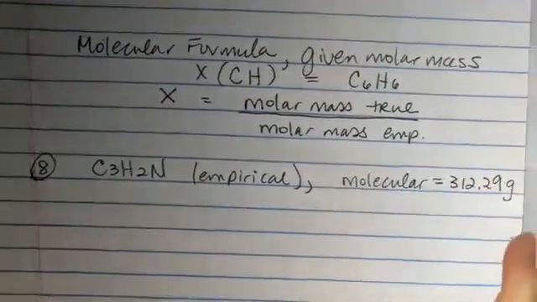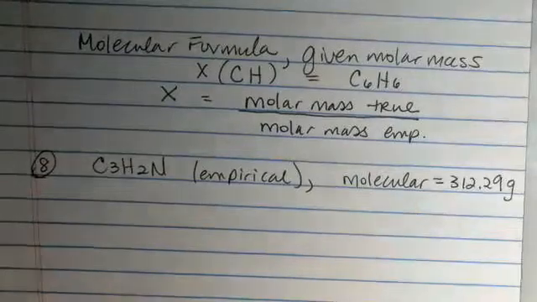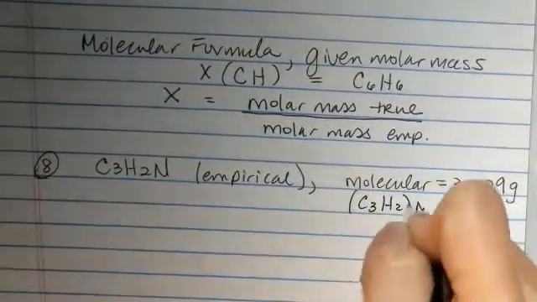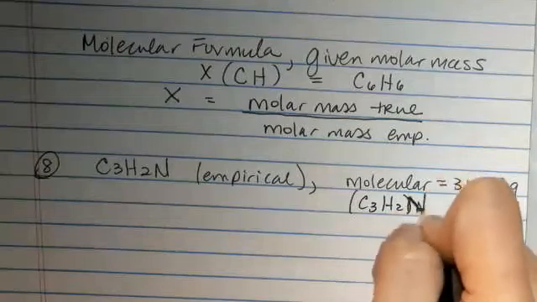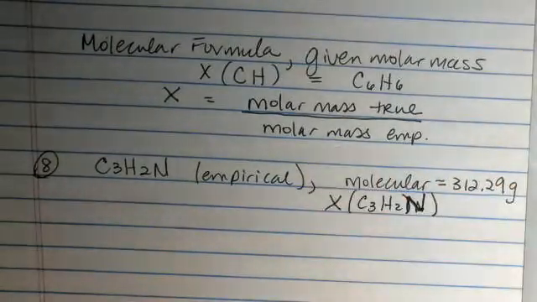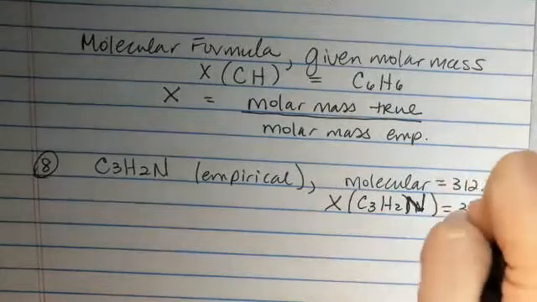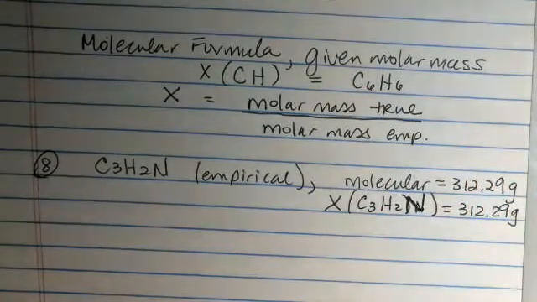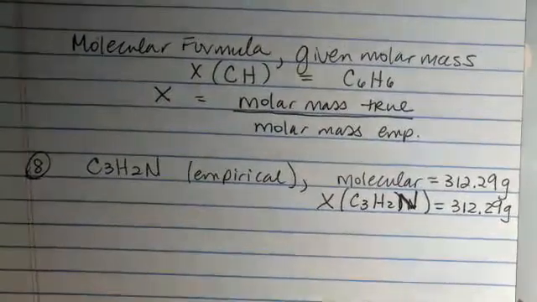So really, again, all we know about the molecular formula is that it is the C3H2N, whoops, sorry about that, repeated X number of times, and it has a total molar mass of 312.29 grams. So that's what we understand about the empirical and molecular formula.